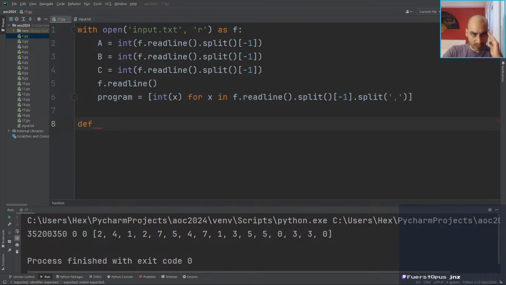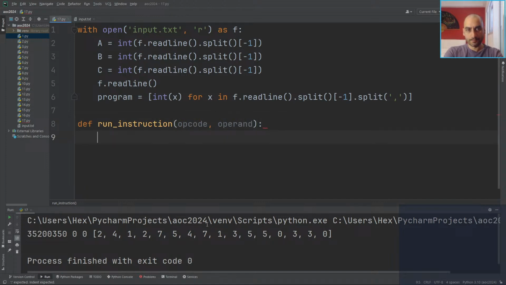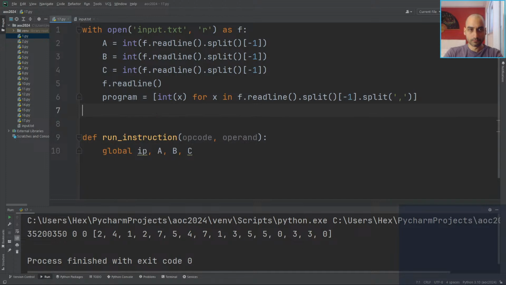They're generally going to write stuff to A, B, and C. Alright, we'll allow this function access to, so if you run an instruction with an opcode and an operand, we are giving instruction pointer, A, B, and C, giving it access to those. Let's say IP equals 0.